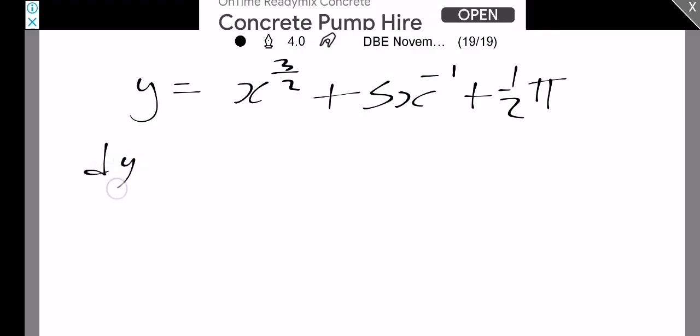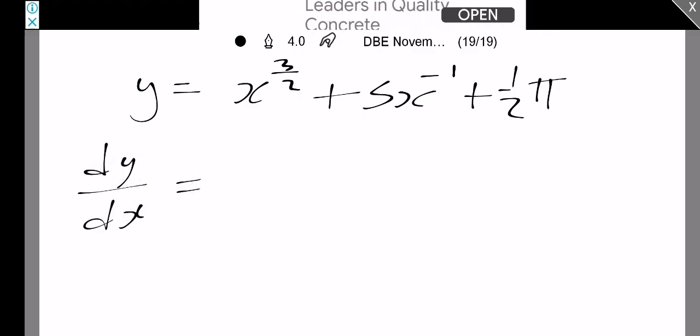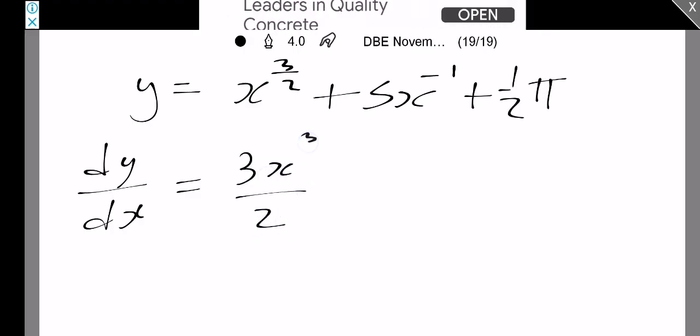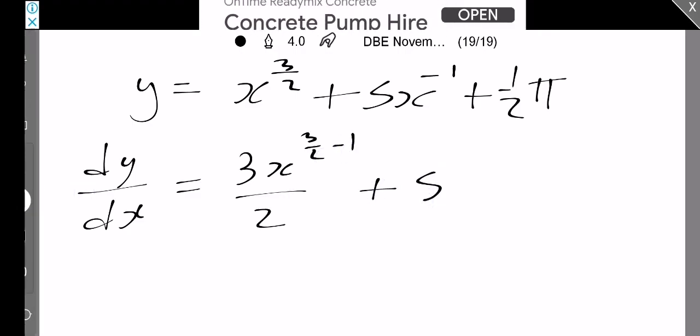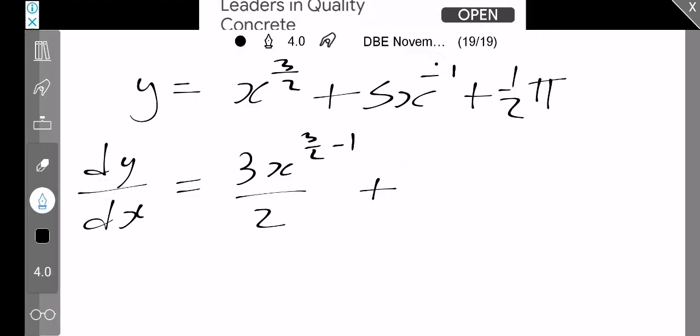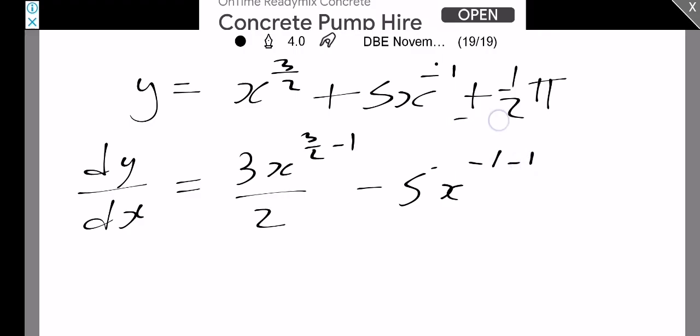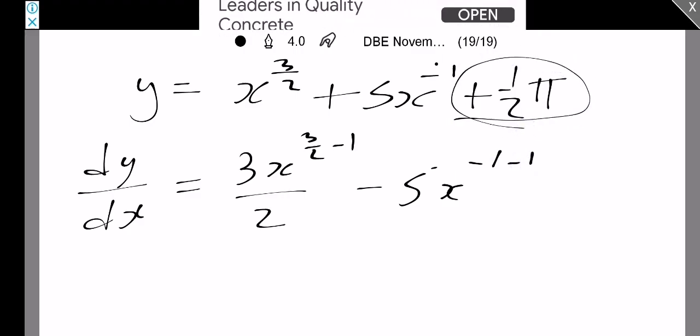Now dy over dx, using the rules of differentiation, is 3 over 2 x to the power 3 over 2 minus 1, plus negative 1 times positive 5, which gives minus 5, x to the exponent negative 1 minus 1. Then the whole of this is a constant, so it's 0.